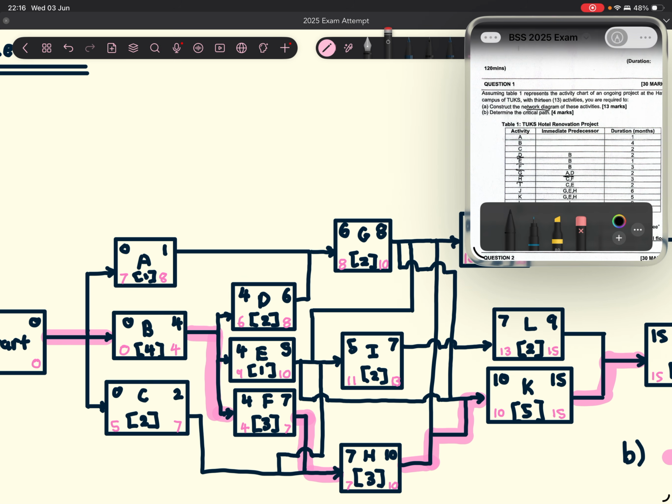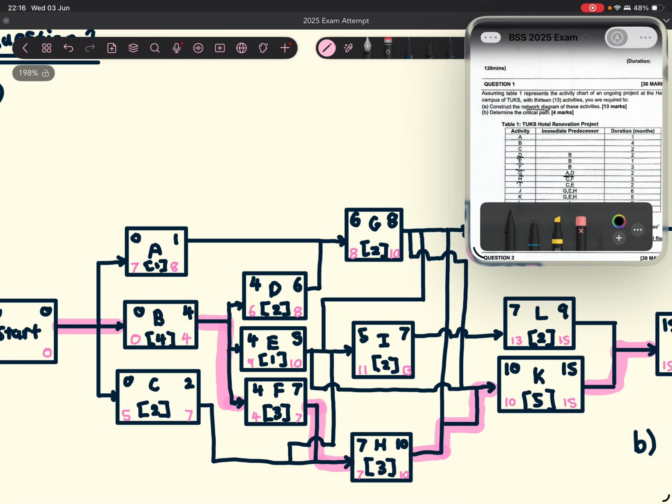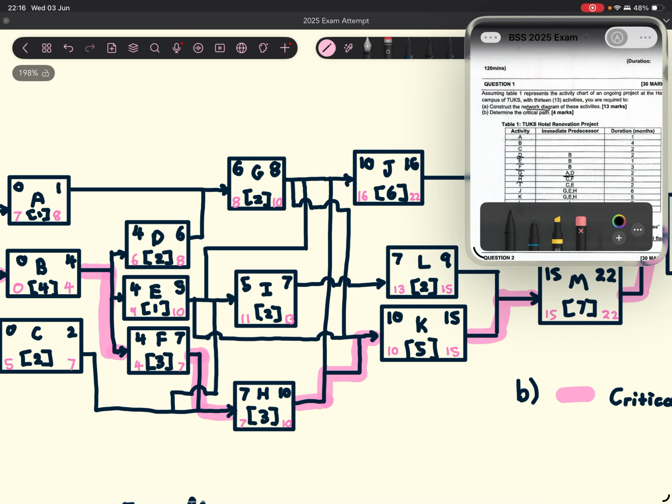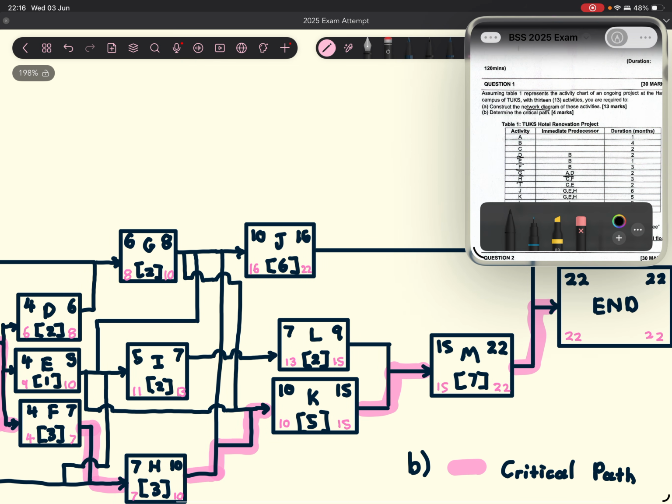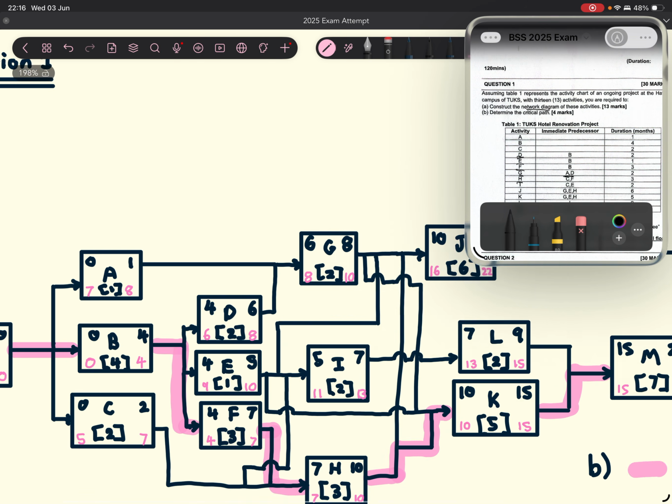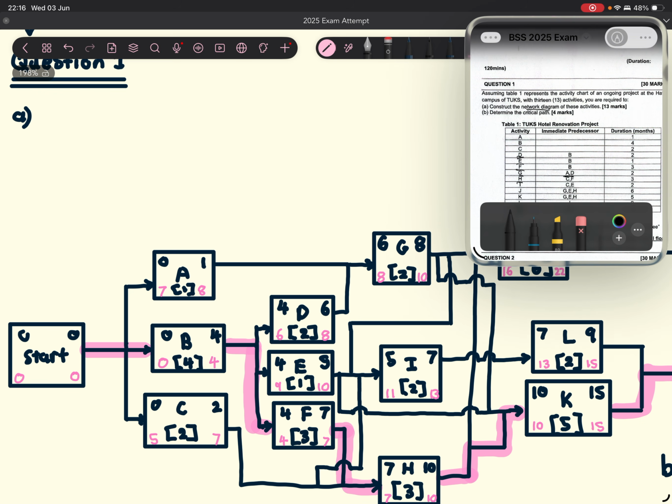Then we're also asked to determine the critical path. One rule with the critical path is that the free float must always be 0. For example, going from the start block to any one of these activities, the critical path will be the path where there can't be any delays, right?